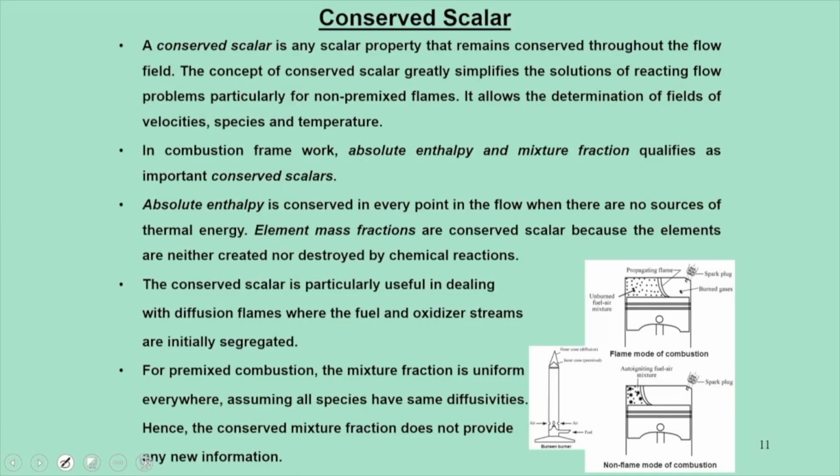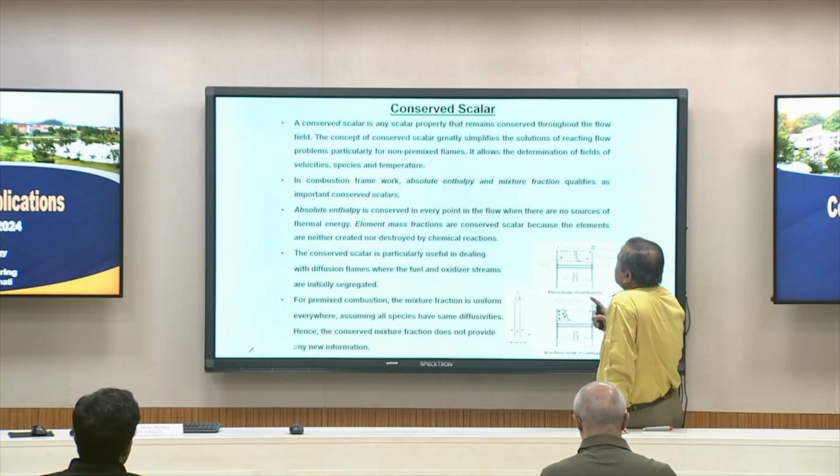Now moving further, I have told you that a parameter which has to be defined in a combustion framework is typically called a conserved scalar. By definition, a conserved scalar is any scalar property that remains conserved throughout the flow.